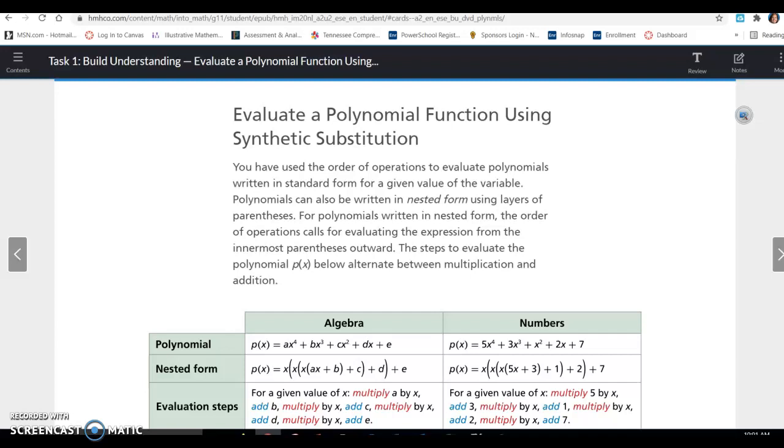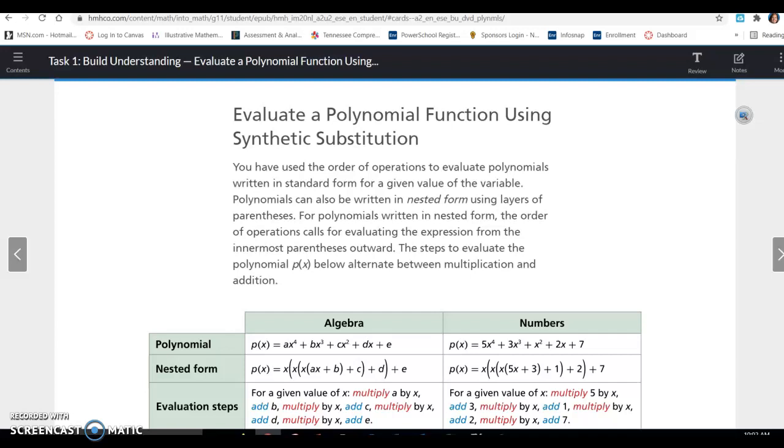So let's get started. Evaluate a polynomial function using synthetic substitution. You have used the order of operations to evaluate polynomials written in standard form for a given value of the variable. Polynomials can also be written in nested form using layers of parentheses.